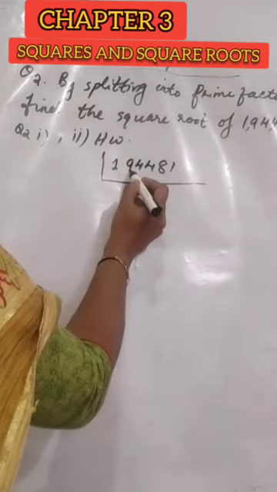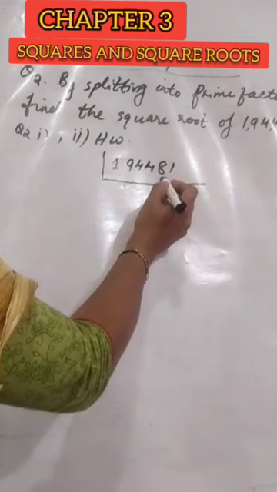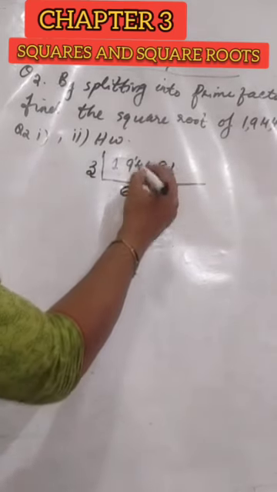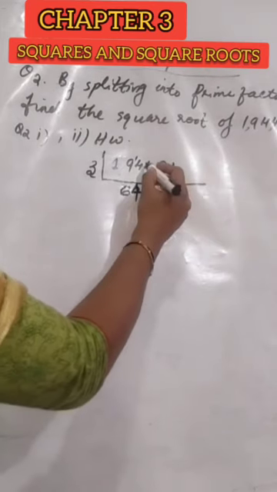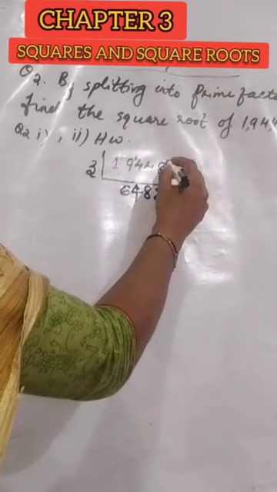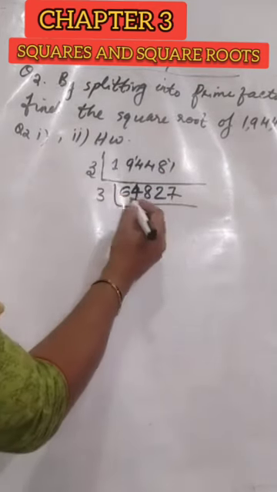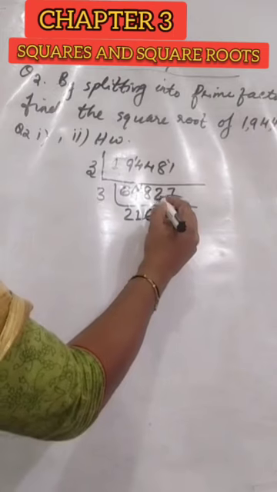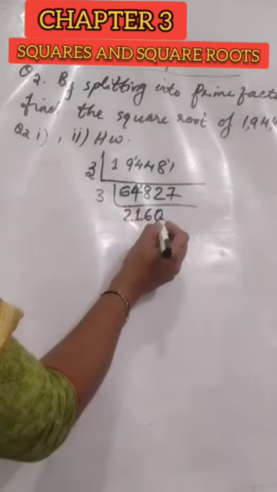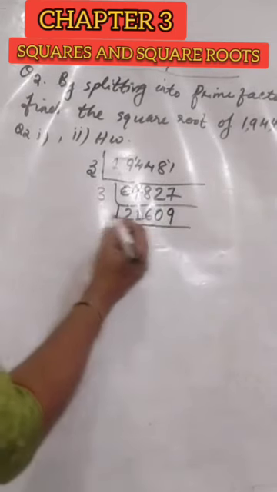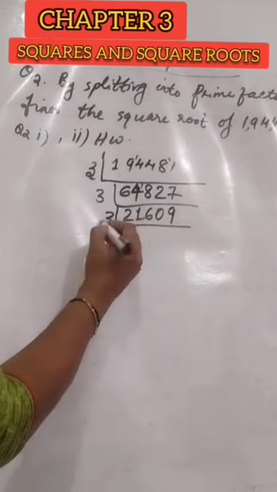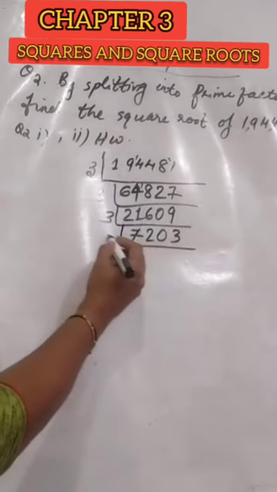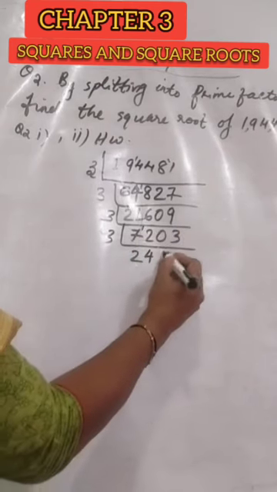Yes, look at this. 1 plus 9 is 10, plus 4 is 14, plus 4 is 18, plus 8 is 26, plus 1 is 27. So it is divisible by 3. Dividing by 3 repeatedly, we get 64827, then 21609, then 7203, then 2401.